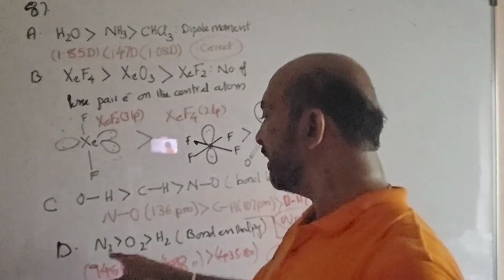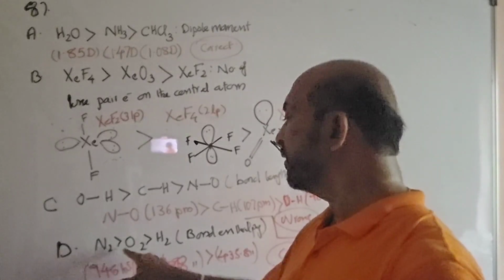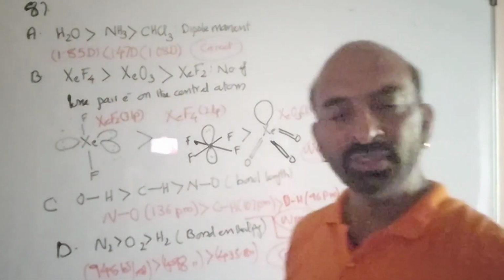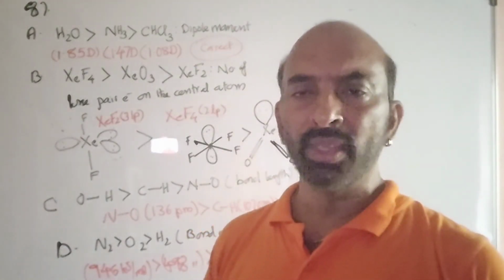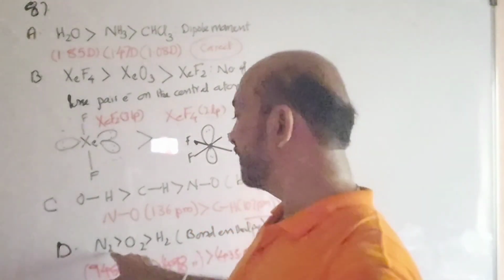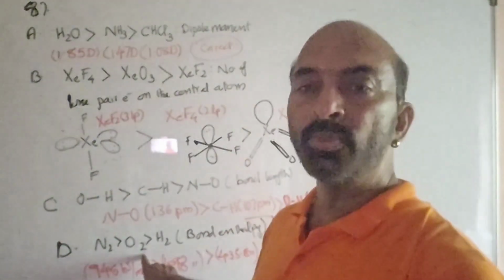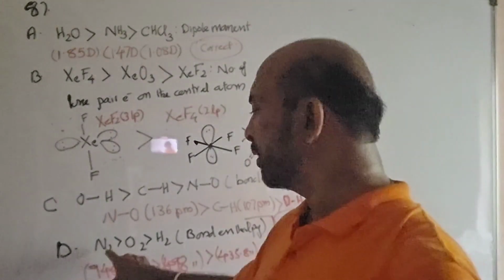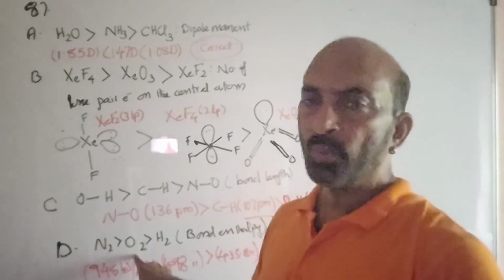Finally, they have given bond enthalpy: N2 greater than O2 greater than H2. This is rather easy, because even without knowing the values we can guess: N2 is triple bonded, O2 is double bonded, and H2 is single bonded. So bond enthalpy would definitely decrease in the order N2 greater than O2 greater than H2.